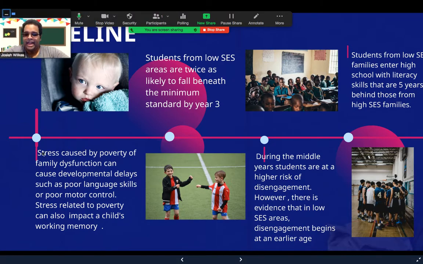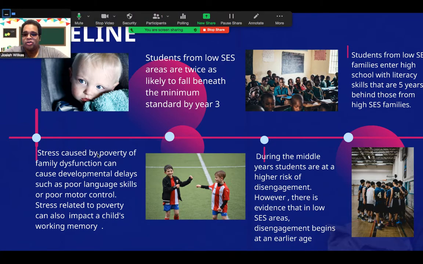So, for example, stress caused by poverty or family dysfunction can cause developmental delays such as poor language skills or poor motor control. So students that are living in poverty are more likely to have difficulties playing sport. They're more likely to be uncoordinated, and they're more likely to have language difficulties.